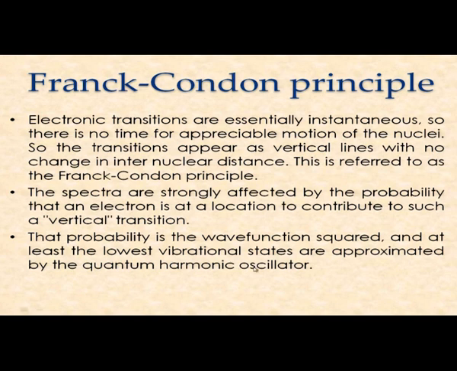So, like that here the probability is the wave function squared, and at least the lowest vibrational states are approximated by the quantum harmonic oscillator. This quantum harmonic oscillator concept is another important concept in spectroscopy to understand the vibrational spectrum of the molecules.